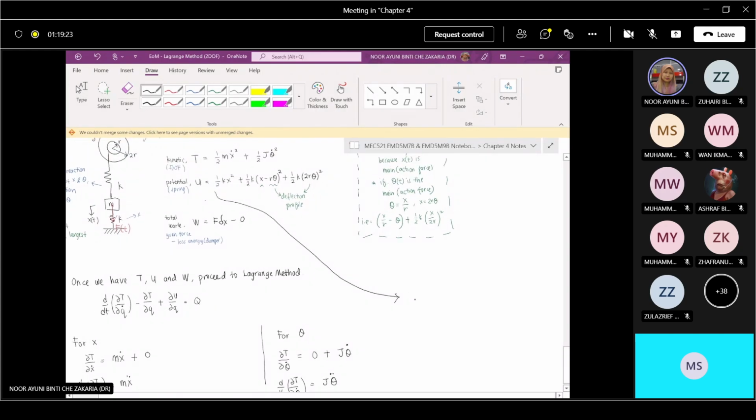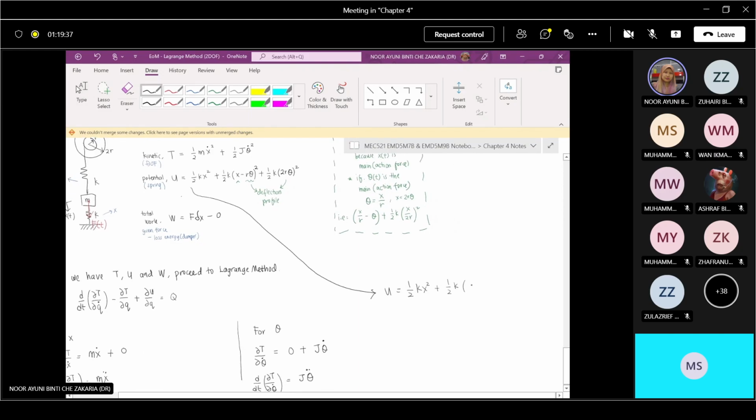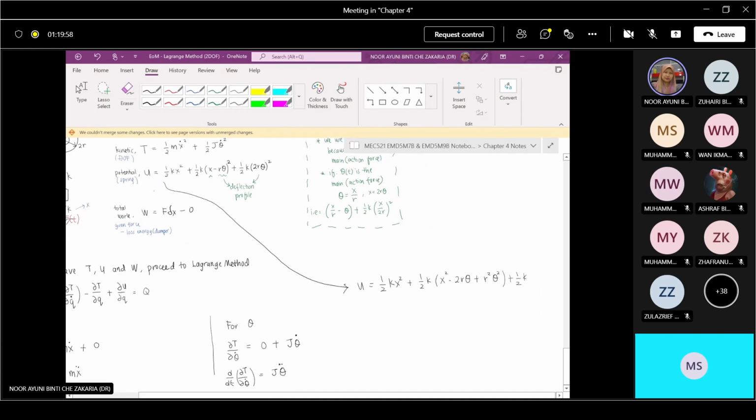So we have U equals 1/2 kx square plus 1/2k (x square minus 2 r x theta, ya, plus r square theta square) plus 1/2k for r square theta square.